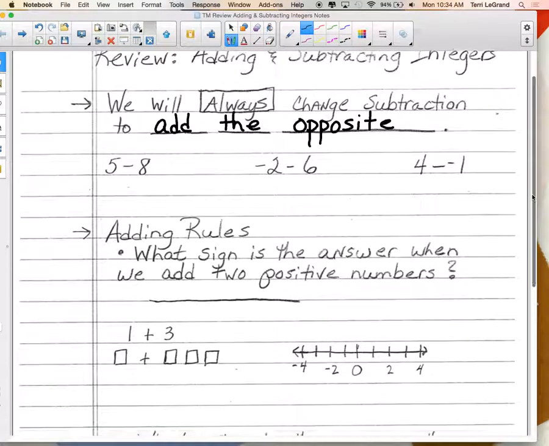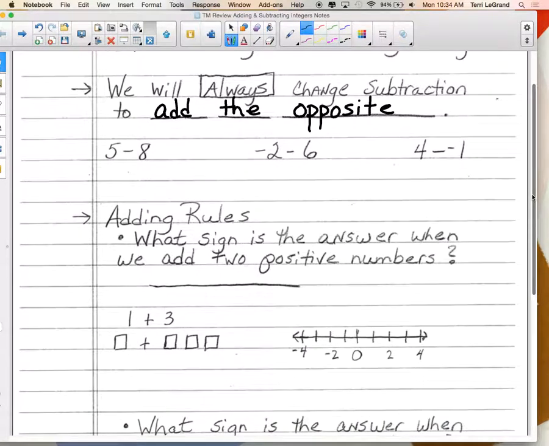5 minus 8. Underneath it, we're not going to change it right there. We're going to change it underneath. So if you've already done that, erase. Underneath it, we're going to rename that expression. Does the 5 change? No. We're going to change our subtraction to addition. What is being subtracted from 5? 8.